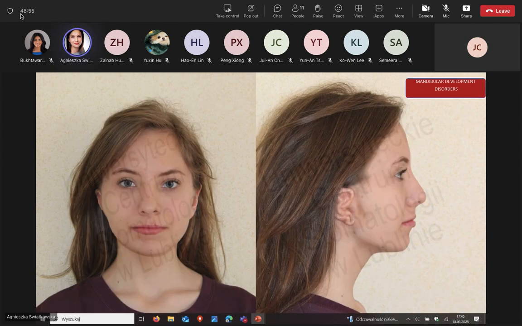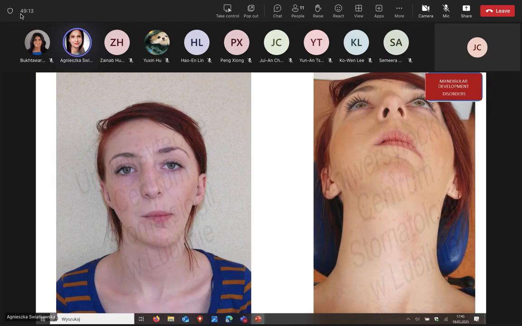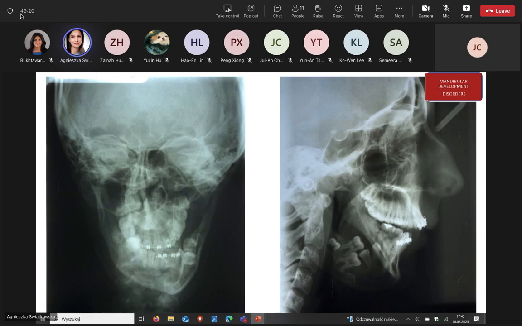And here is a girl with this kind of syndrome. The asymmetry is not huge, but look here, we have a malformation of the ear, typical for this syndrome. And here a very severe case of a patient, huge asymmetry of all the face, not only the lower part of the face.